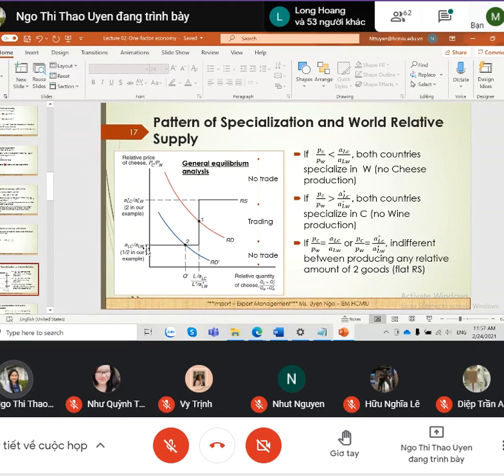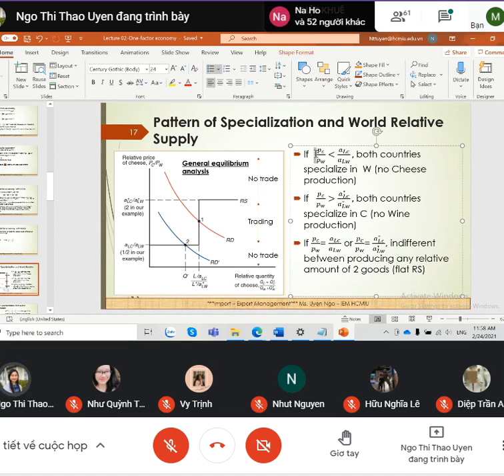What if the relative price of cheese is lower than the opportunity cost of cheese in terms of wine of home, like it lies from here to here on this line? What happened?